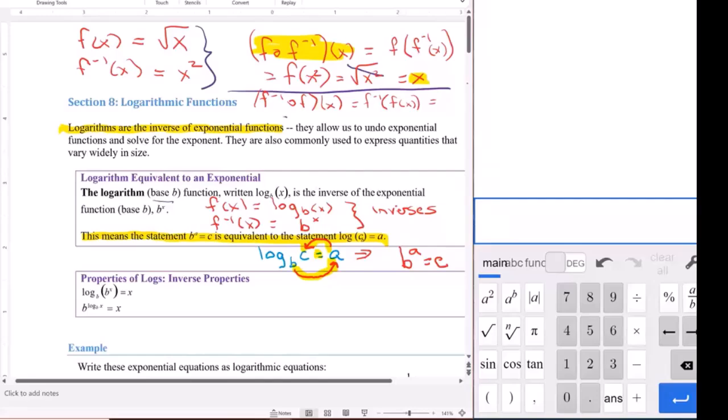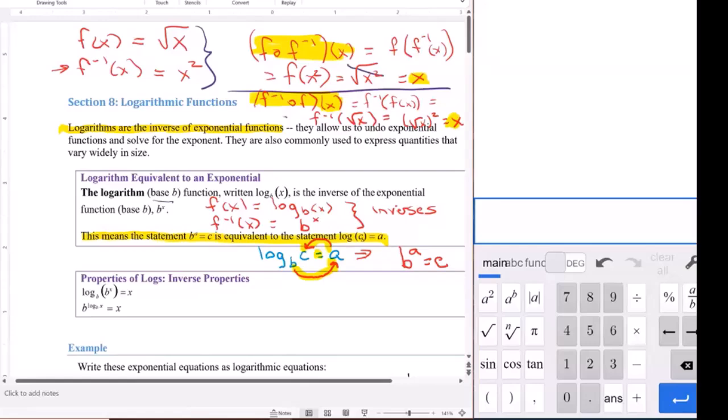We replace f of x with the square root of x, so I have f inverse of the square root of x, and now I plug the square root of x in for x in the second equation. I have the square root of x squared, which again equals x. So it's very important to note, you don't necessarily need it for this class, but when I do the composition of inverse functions, I always get x.